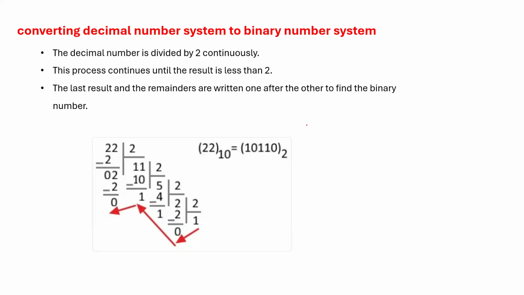Then we will write, starting with this result, in this way. Initially we will write this result in this first area. Then for this remaining value, then we will write this one, then we will write this one, and finally we are at this. So here is the binary number for this question.